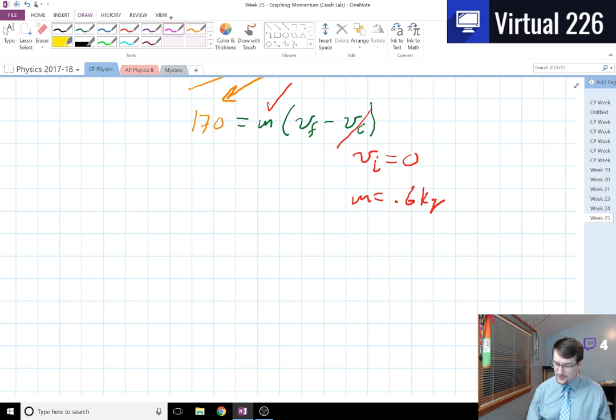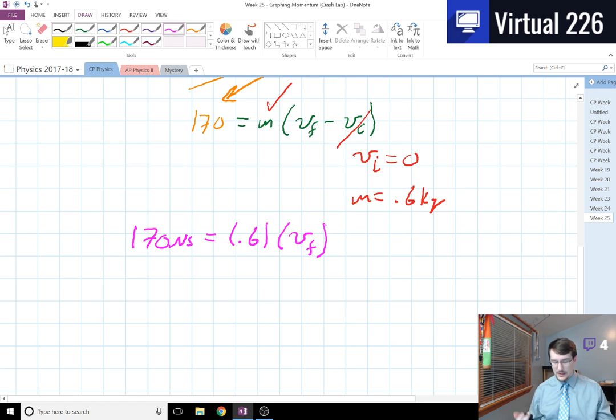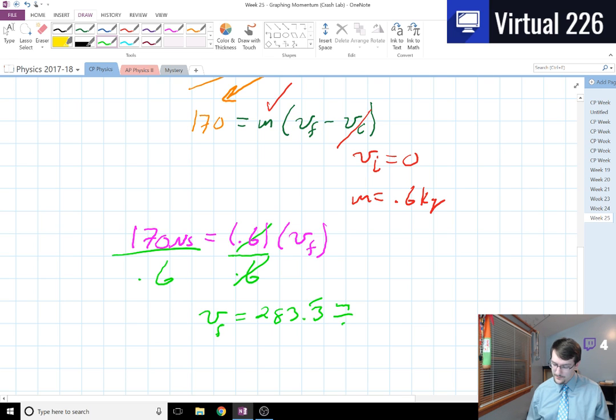If we have those values and we'd like to find the final velocity after he kicks it, then this is nothing more than 170 newton seconds equals 0.6 times Vf minus 0. So that's just Vf. And at this point, you're just playing a division game. If you divide by 0.6 kilograms on each side, you get 170 divided by 0.6. Whew! Kid's got a pretty powerful foot, because this kid just kicked the ball at 283.3 meters per second.